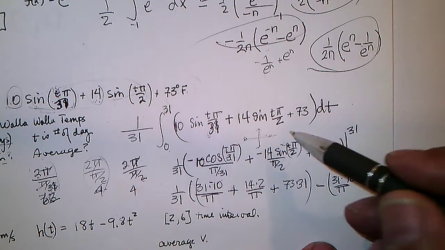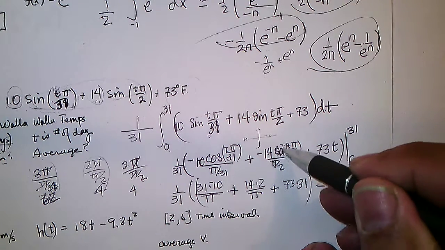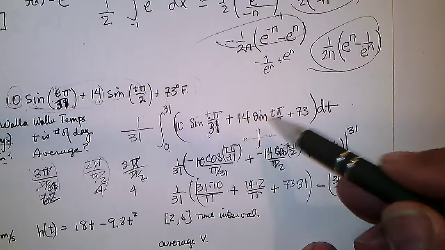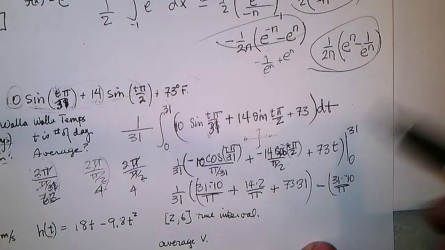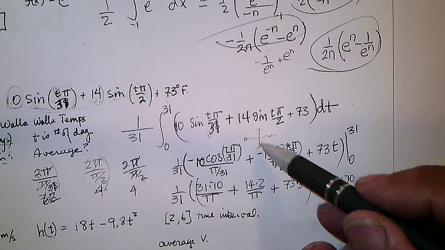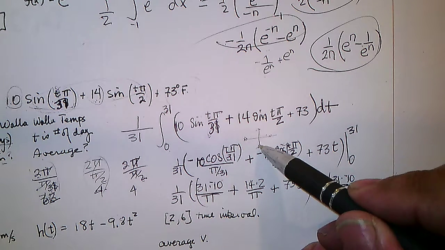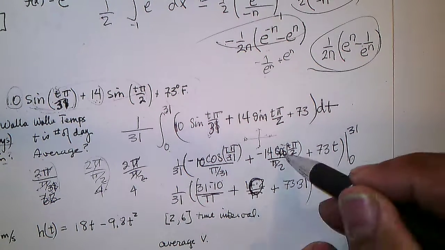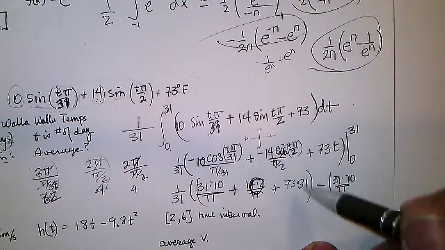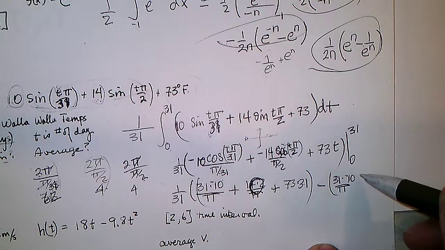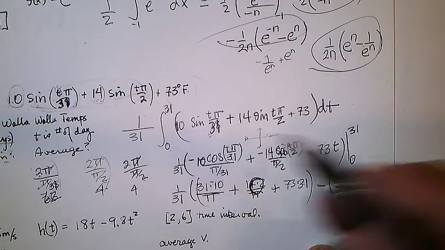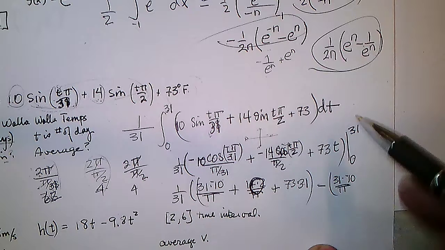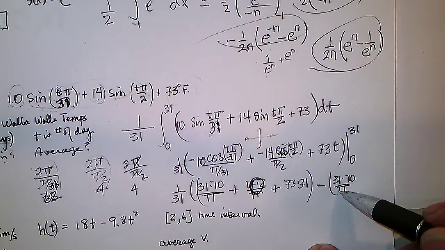Oop, this should be cosine. Integral of sine is cosine, sorry. So 31 times we ended up there, cosine of there is 0. So this is 0. And 31 there is that. And then we got to put in 0. Cosine of 0 is 1, so we got same thing.